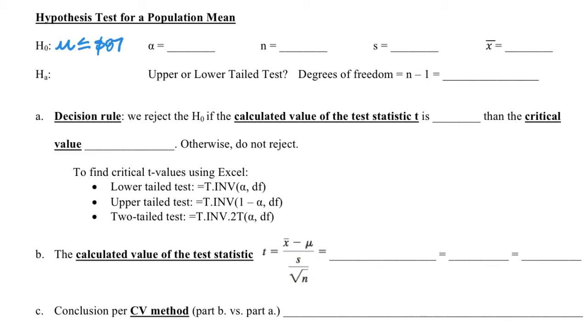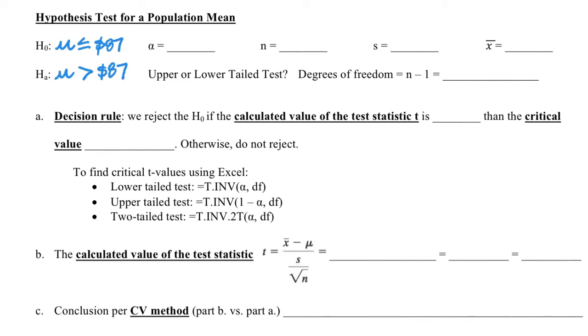And our alternative that I'm really interested in is that our mean is greater than $87. And again, the reason for this is that if our average listings is higher than $87, then I know this is an upscale neighborhood where I would want to open up my bike tour business.